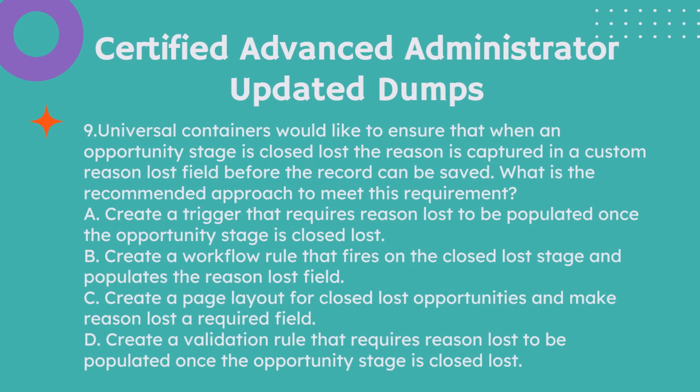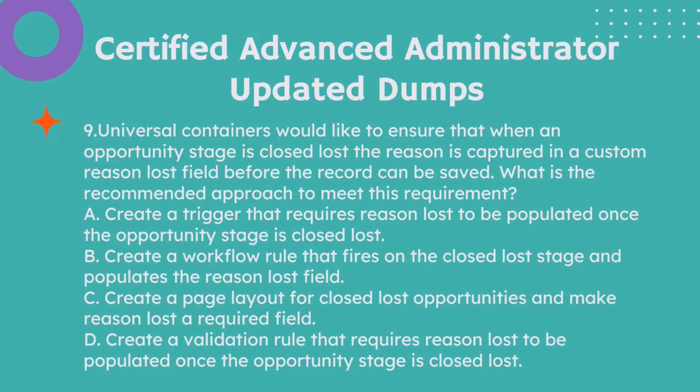9. Universal Containers would like to ensure that when an opportunity stage is closed lost, the reason is captured in a custom reason lost field before the record can be saved. What is the recommended approach to meet this requirement? A. Create a trigger that requires reason lost to be populated once the opportunity stage is closed lost.